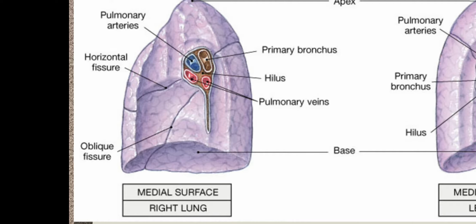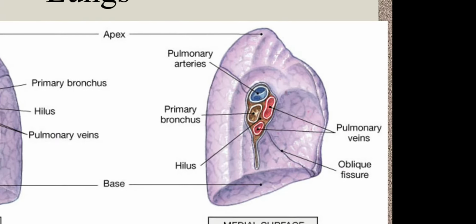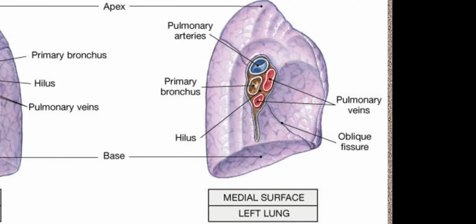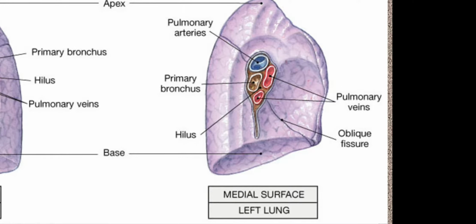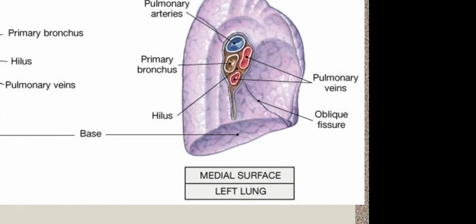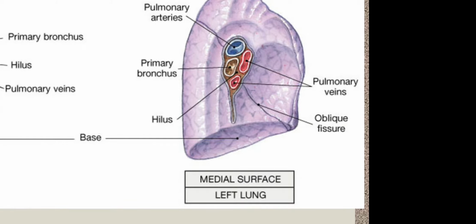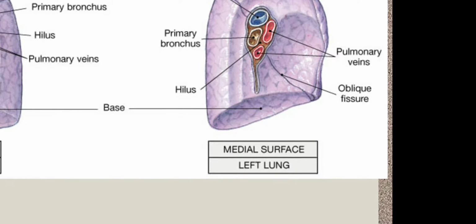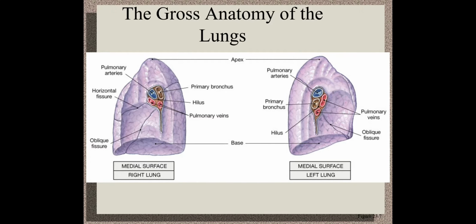So on the right side we have three lobes. On the left lung we have pulmonary arteries, primary bronchus, hilum, and pulmonary vein, oblique fissure. So we have two lobes.